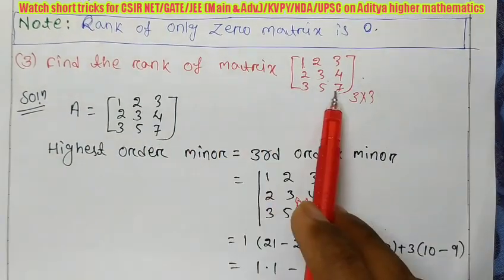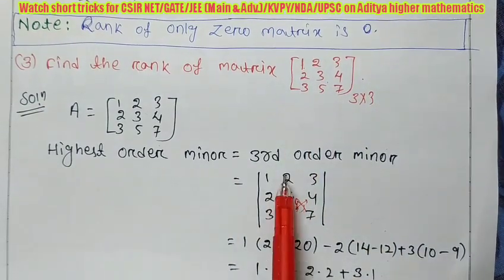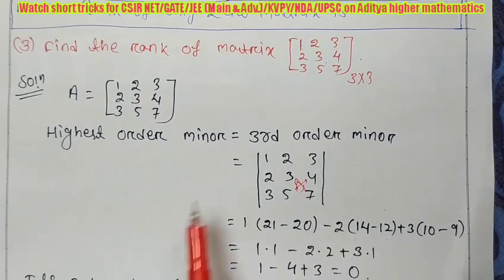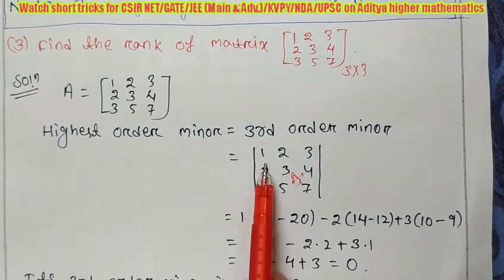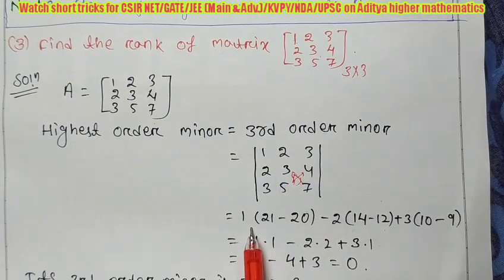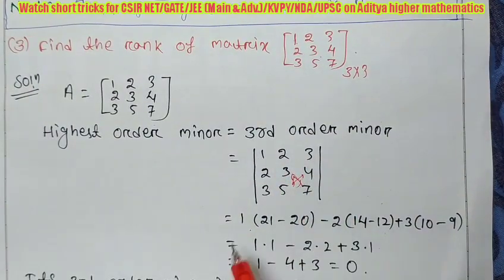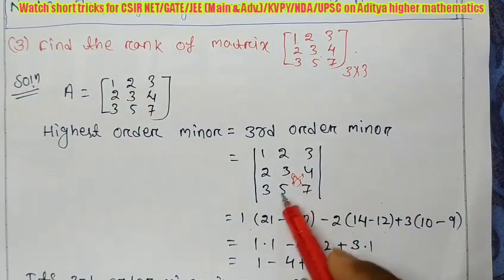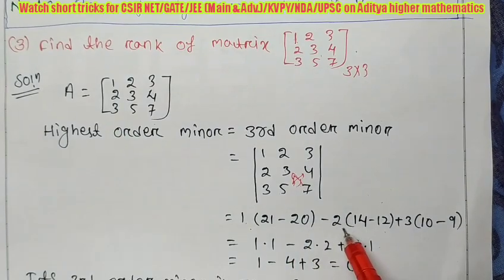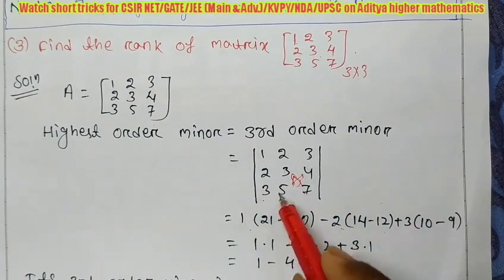Here you can see it is a 3 by 3 matrix given, so its highest order is 3. So first we will find its determinant, and I hope all of you understand the way to find a determinant. Otherwise you watch my previous videos. Just expanding along the first row: 1, then it is 21 minus 20, minus 2 times 14 minus 12, then plus 3 times 10 minus 9.